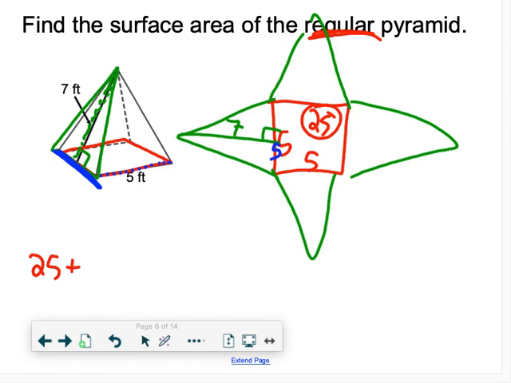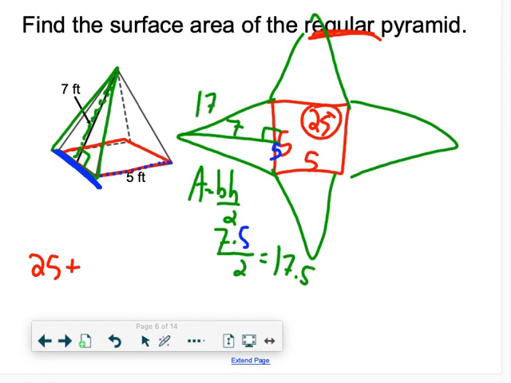Now you don't need to show the A equals BH divided by 2. I'd like you to here in your notes. You don't have to. It's still a good habit. The trouble is you're going to take 7 times 5 and then divide it by 2. But Mr. Walls, there's a decimal. That's fine. 17 and a half.